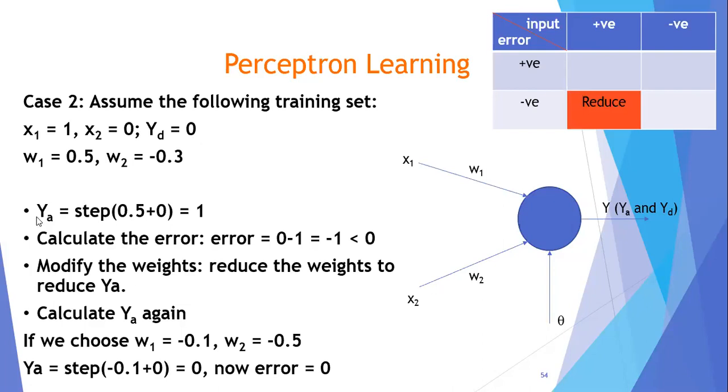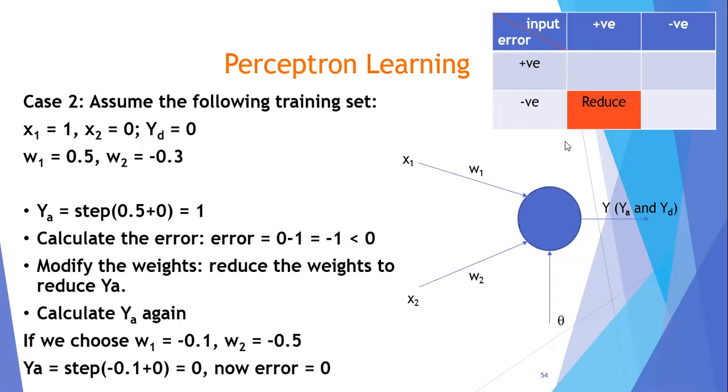Like we did earlier, the actual value you obtain from your inputs and the weights is 1. So in this case, definitely you have an error, because the error that you calculate is always YD minus YA. So you get 0 minus 1, which is minus 1, a negative value. So what particular combination are we dealing with here? Our input is positive, and the error which we're getting here is negative.